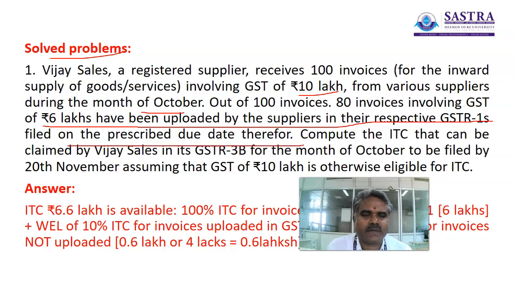Compute the ITC that can be claimed by Vijay Sales on its GSTR-3B for the month of October, to be filed on 20th November. The GST of 10 lakh is otherwise eligible for it.